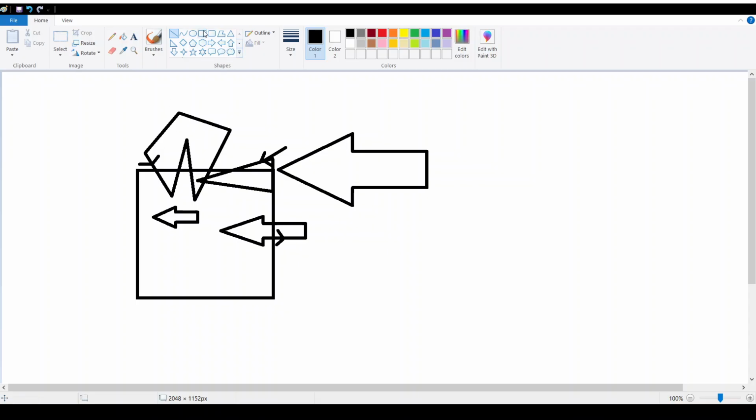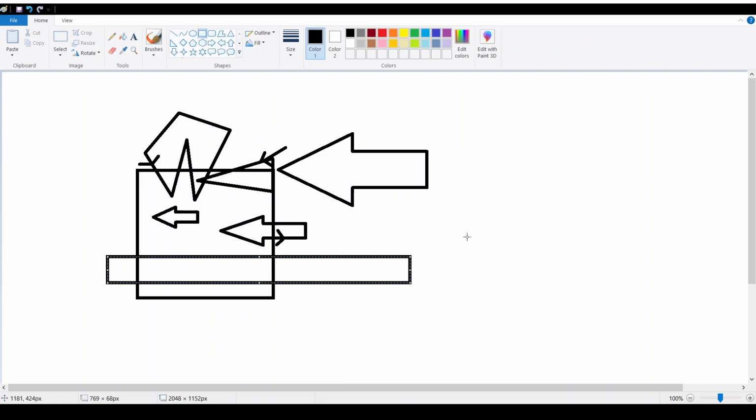Now, what about, say, this? We define the way it's going, which is clockwise this time, and we define all things that are intersecting.